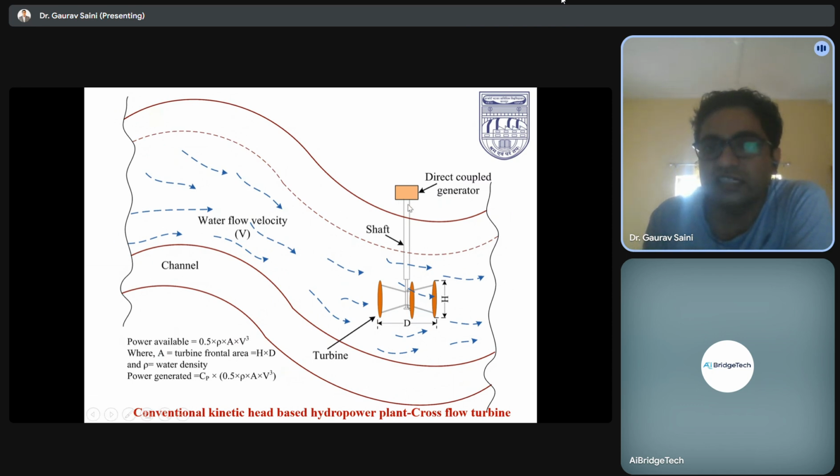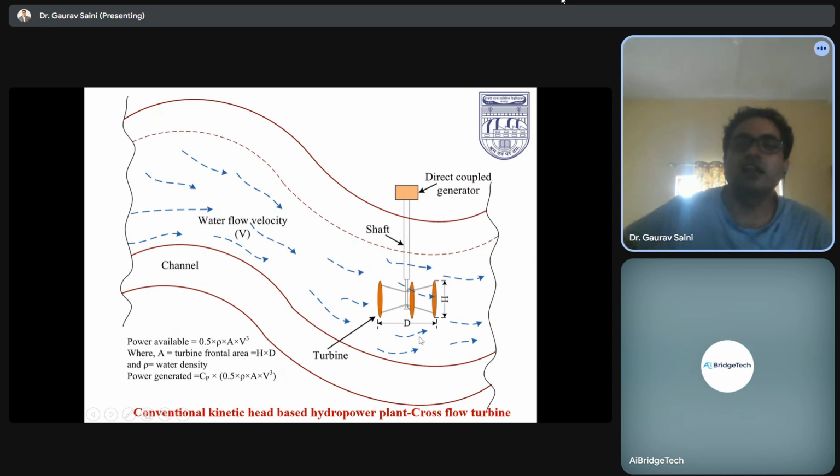and this orientation can help us place the generator outside the flow. Here the power equation is half rho A v cube, where v is the flow velocity of the water and A is the frontal area. Suppose we have this type of turbine, where H is the height of the blade and D is the diameter of the blade.